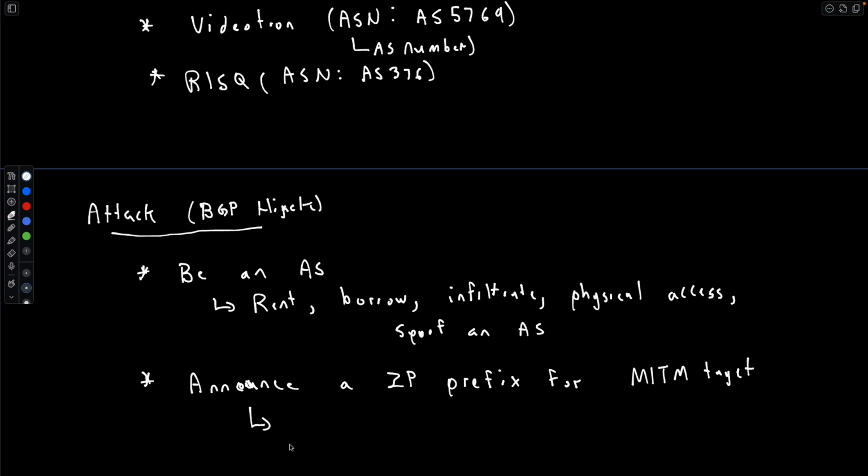Now, you're immediately going to compete with the real person. So let's say I'm man in the middle in Concordia. Risk is also announcing that they control the same prefix. And so I'm immediately going to compete with them. So I'm going to compete with the target's AS.